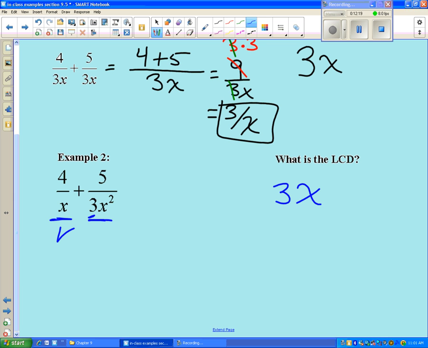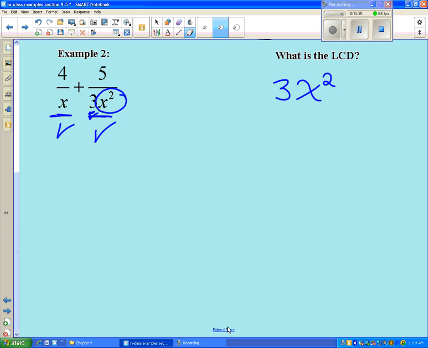Then I need an x squared. Well, I have an x, so I'm going to put a second x by doing x squared, and that covers both of my denominators. So now I want to have a common denominator of 3x squared. This is my least common denominator, 3x squared.